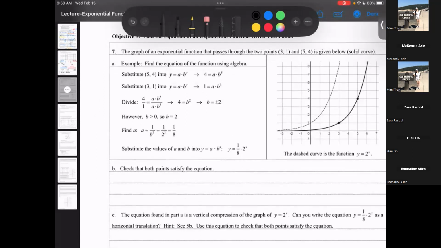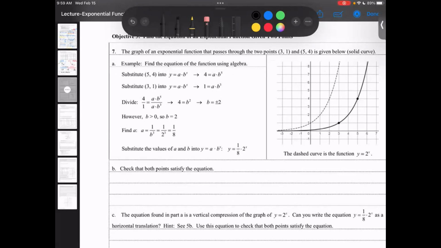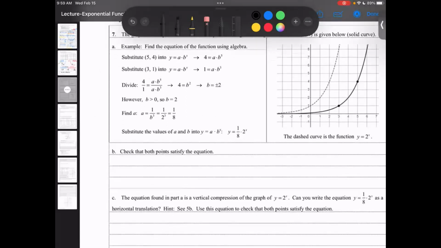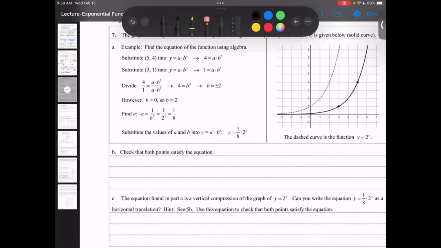All right, given the 2 points, say 5, 4 and 3, 1. I want to find the equation of the exponential function. So let's use 1 point at a time.